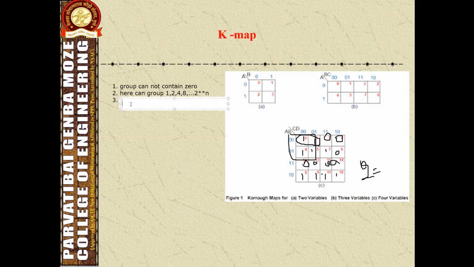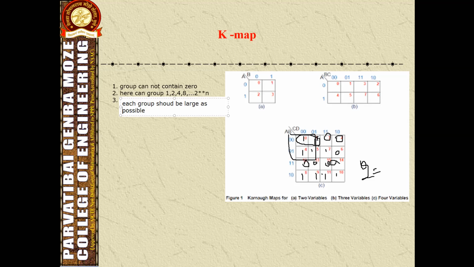Consider the third rule: each group should be as large as possible. If there is a 1 in a neighbor cell, and I consider this as one group, this as one group, and this as a single group, this is not beneficial.